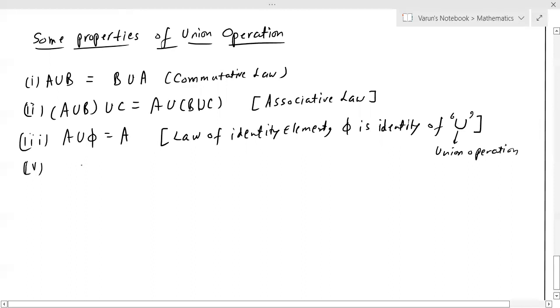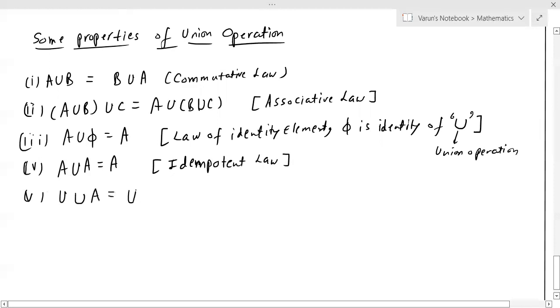And A union A is equal to A. It is known as the idempotent law. And the universal set union A is the universal set itself, the law of the universal set.